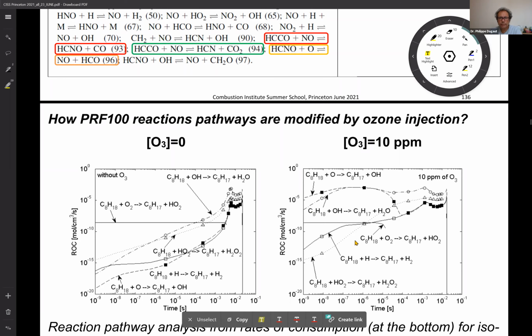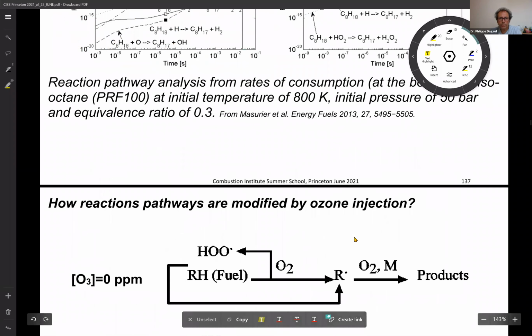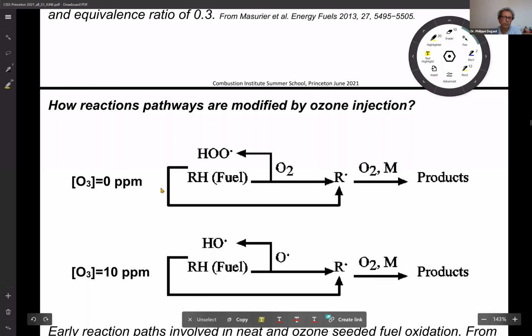And so this is due to the fact that when you have no ozone introduced, the fuel has no other possibility initially than reacting with O2, producing HO2, which reacts with the fuel, produces a radical, which then will react with O2 or decompose by interaction with collider.